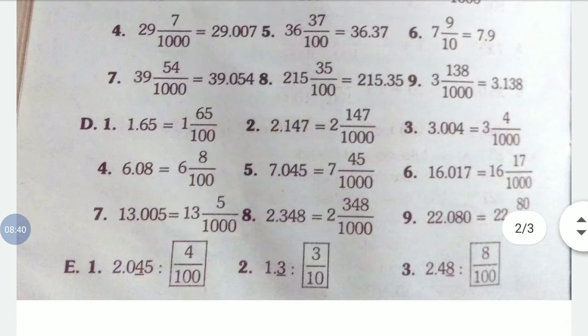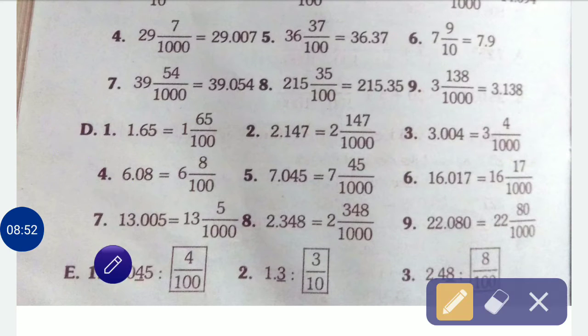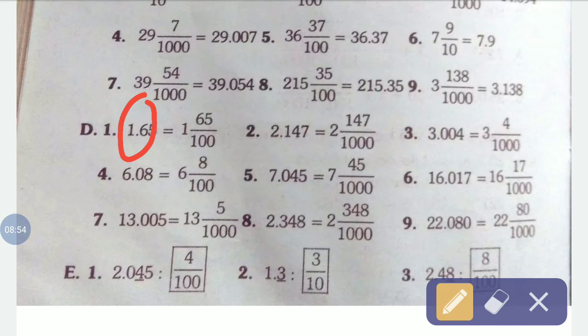In question D, it is given that write the following decimal as a mixed number. Here what we have to do is write the whole part, and after the decimal point there is 65, so 65 upon 100, as there are 2 digits, so 2 zeros, so it will be 100.